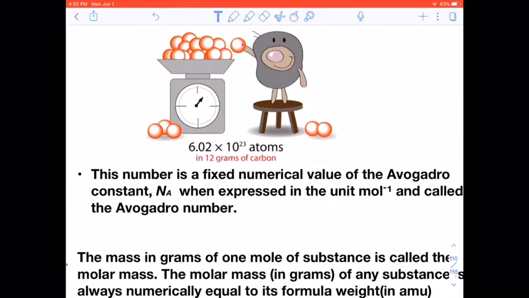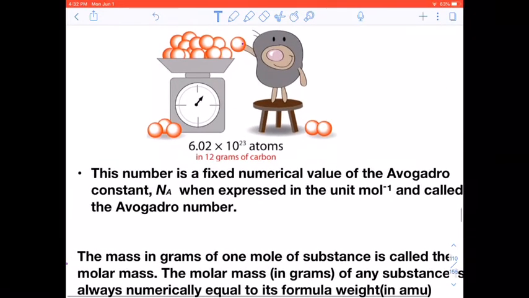So what we do is we measure the mass. You say, all right, here's 12 grams of carbon. If you get the mass of 12 grams of carbon, you can then say this 12 grams of carbon has 6.02 times 10 to the 23 atoms of carbon.